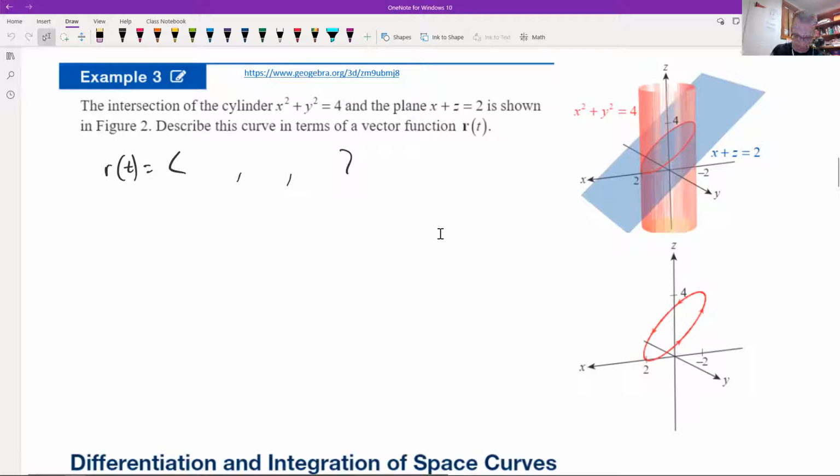So using polar coordinates, x is cosine of t, y is sine of t, we could then figure out what z would need to be based on this equation. And if we solve for z there, we would get z is equal to 2 minus x. And with this parameterization, we would have 2 minus the cosine of t because x is equal to the cosine of t. So if we put these in there, this will be one parameterization that works out really well.